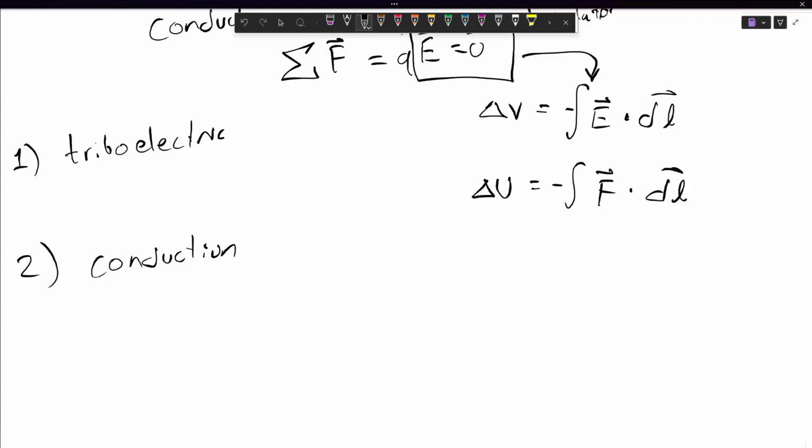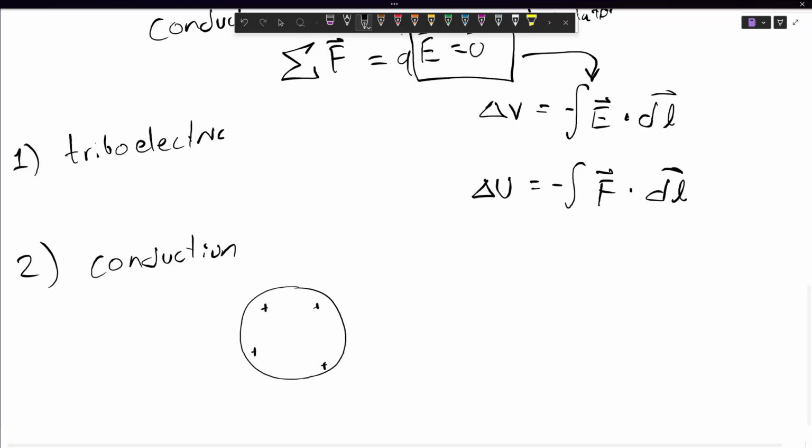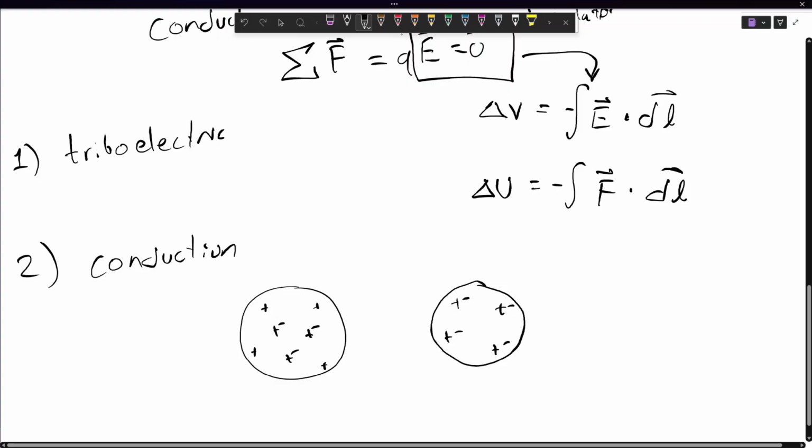So I've got this one sphere that I put a bunch of charge on by taking away some electrons, keeping it positive here, and I have a second sphere that's net neutral. So really, it has a bunch of positives and negatives together. And really, this one also has additional positives and negatives that I just haven't drawn because it'd be too annoying to draw all of them.